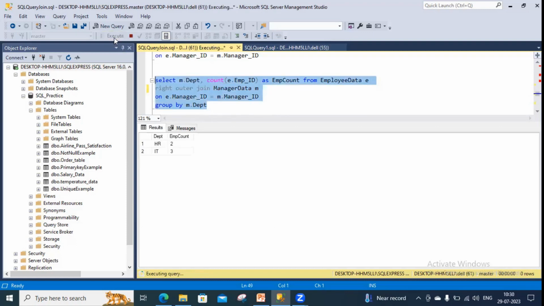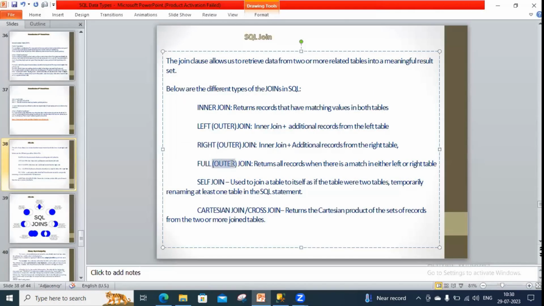Is this something new that came up? See this result: 3 to HR. I'll remove outer: HR 2, 3, right? And with outer, HR is 2, IT is 3. HR is 2, IT is 3, right? Similarly for left also. That's why I have left outer blank.